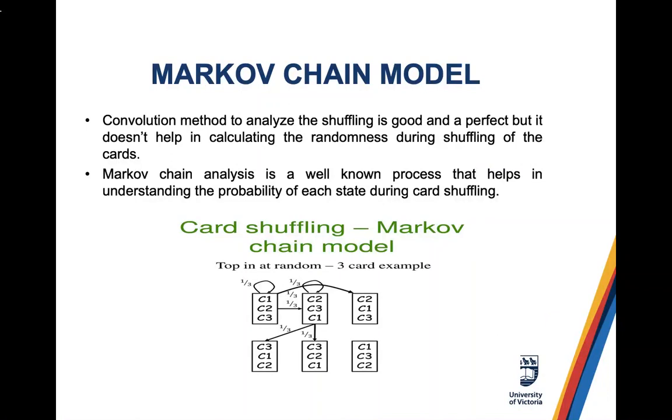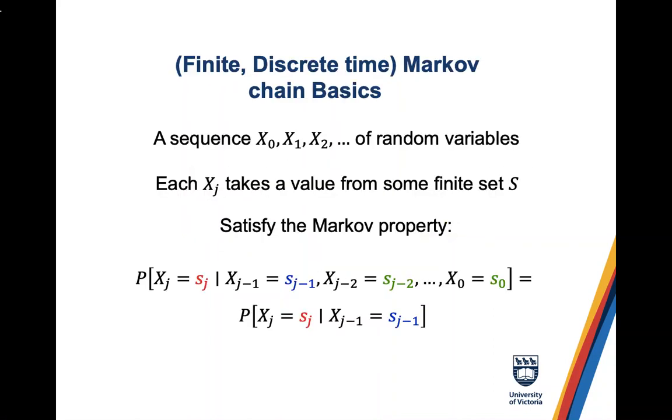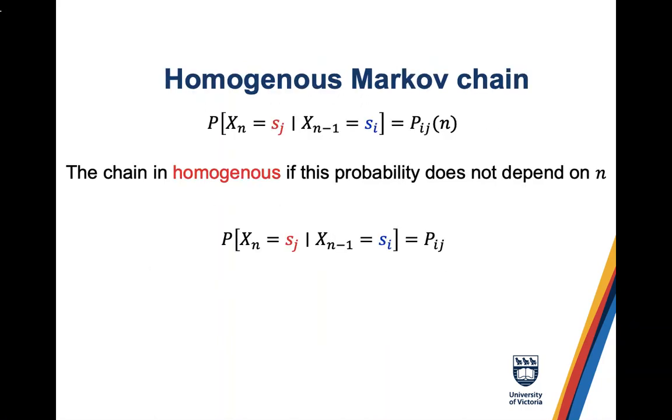Markov chain model. The convolution method to analyze shuffling is good and perfect, but it doesn't help in calculating the randomness during shuffling of the cards. Markov chain analysis is a well-known process that helps in understanding the probability of each state during card shuffling. Markov chain basics: a sequence x0, x1, x2 of random variables, where each xj takes a value from some finite set S and satisfies the Markov property.